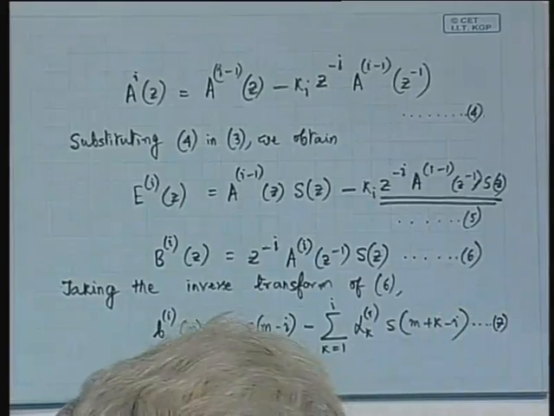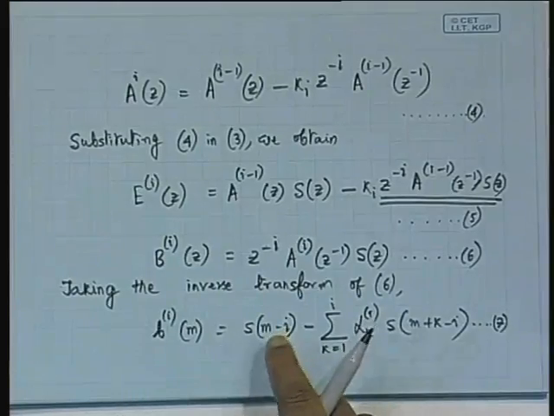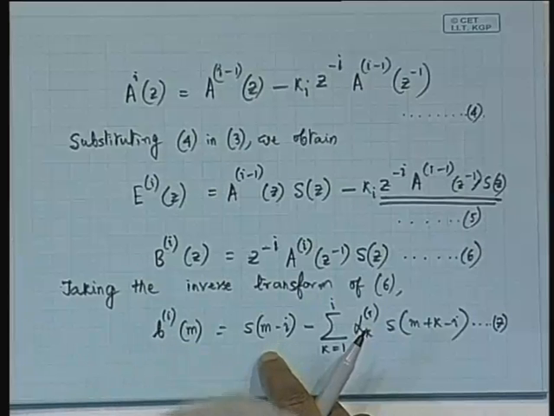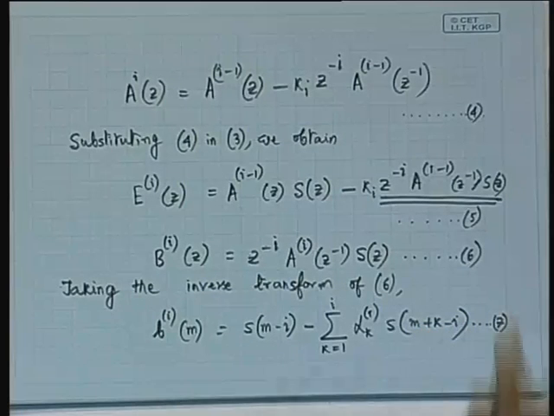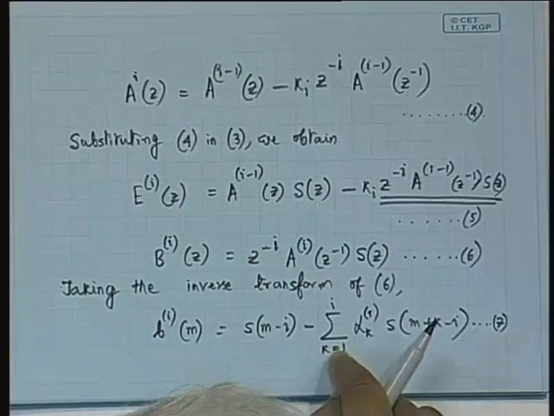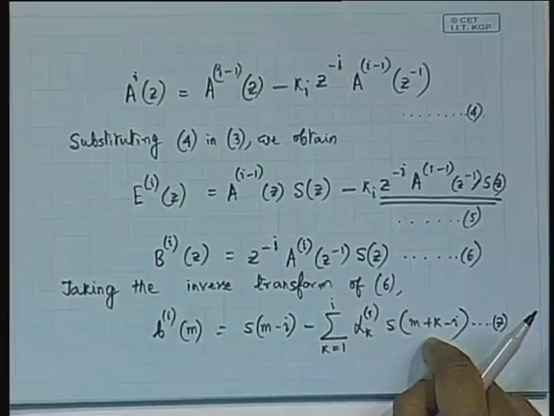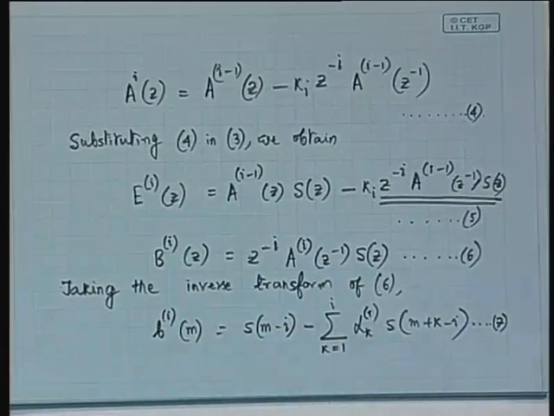And what we are doing over here is something opposite. Here it is s(m minus i), so it is as if we are going to predict s(m minus i) from s(m plus k minus i), and k again is a positive quantity. That means we are going ahead in time. Based on the future samples, we predict the present sample.